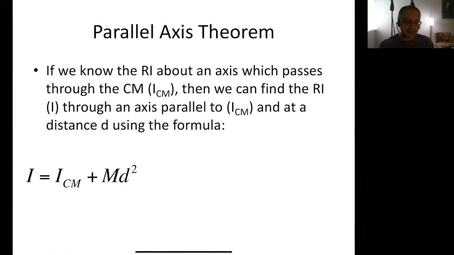The last important concept in this chapter is how do you calculate the moment of inertia? So I told you that the moment of inertia can be found by looking up the table, right? But sometimes you might have a situation like this.